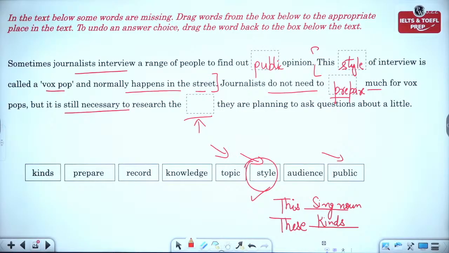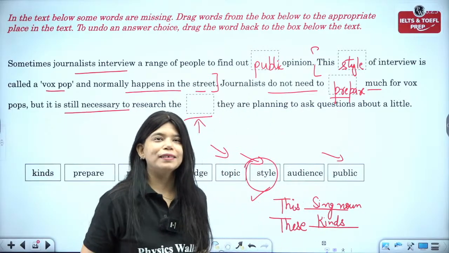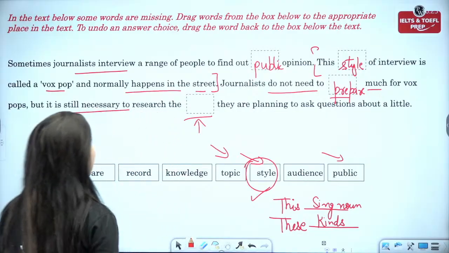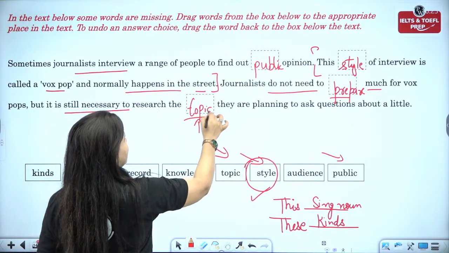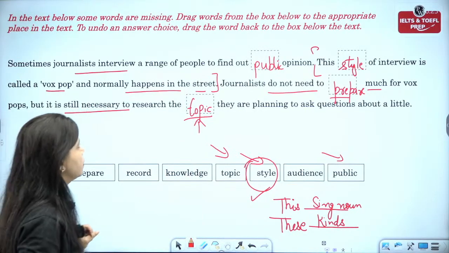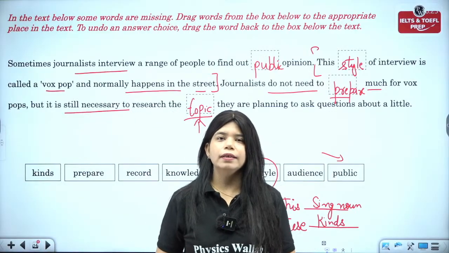Oh, finally we got one answer. Yes, actually. But I would have really appreciated if the answers had started coming up earlier. Now we are close to wrapping up. Yes, topic. Right. So it says, but it is still necessary to research the topic they are planning to ask questions about a little. And there you go.